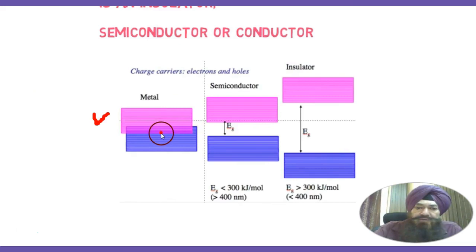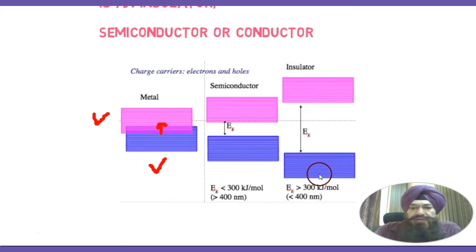So there is no problem for the electron to have a space in the conduction band, because some electrons are already in the conduction band. So very little energy is required for the electron to conduct in the case of a metal.